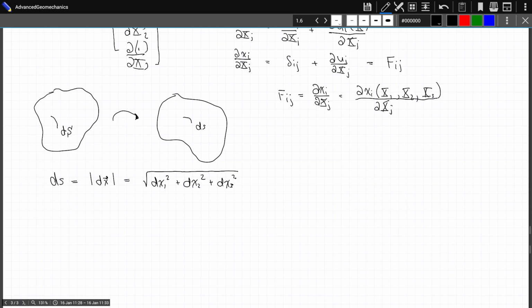All right? So I don't want to deal with that square root. I don't want to carry that square root sign around everywhere. So I'm going to square both sides of the equation, and I can get rid of that square root sign.